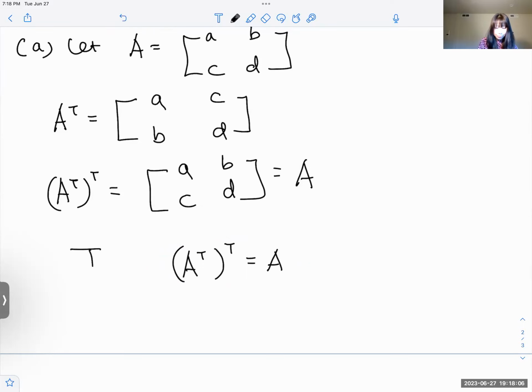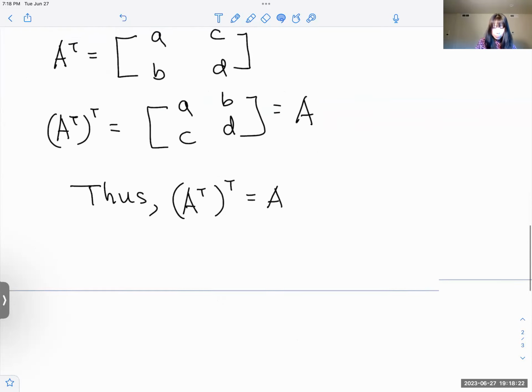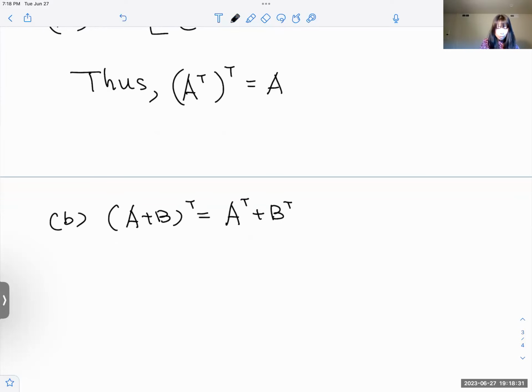Thus. Okay, second one. Let A equal 1, 2 and B equal 3, 4.